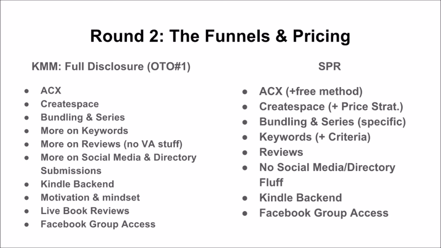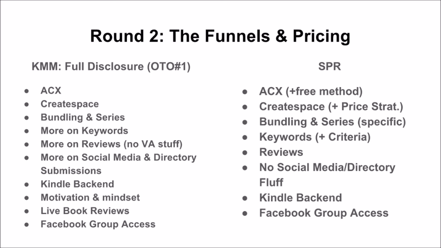Let's move on to the Kindle backend. This is where K-Money Mastery, full disclosure, shines a little bit more. But the Kindle backend is also covered in SPR, but not in depth. The reason being is because SPR teaches that your CreateSpace or paperback books bring in most of your income every month.